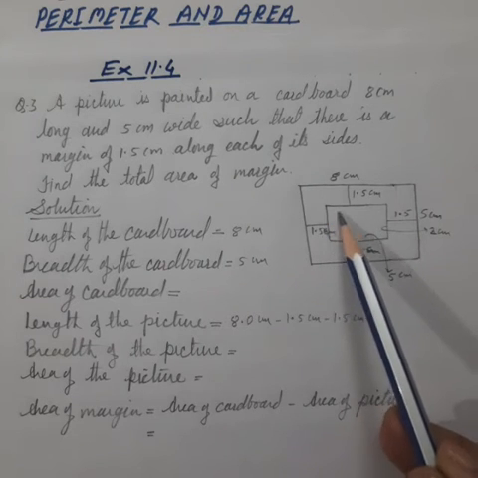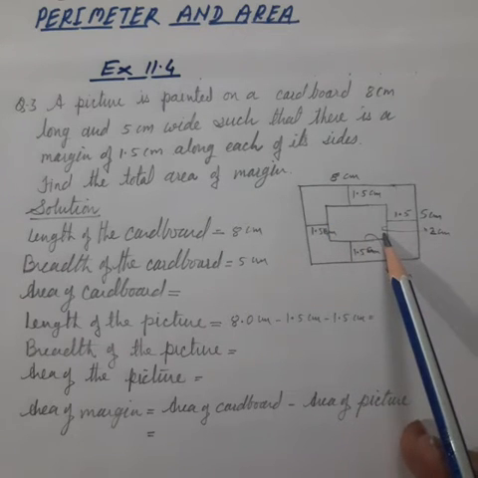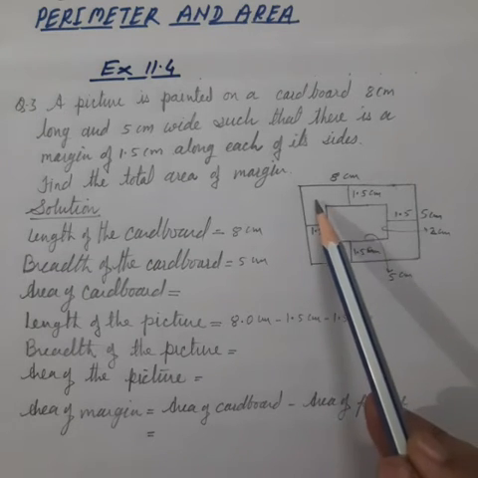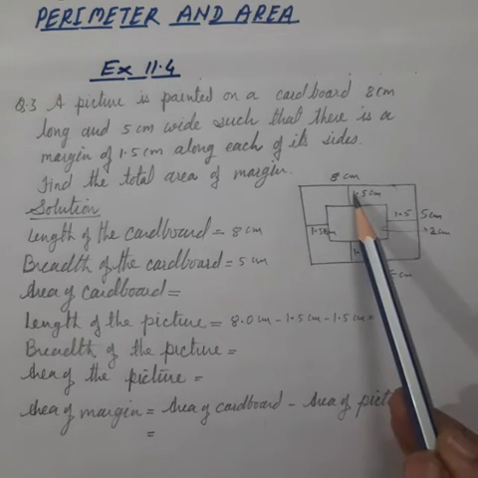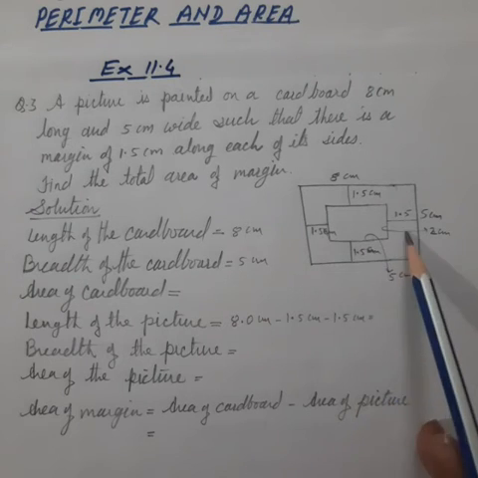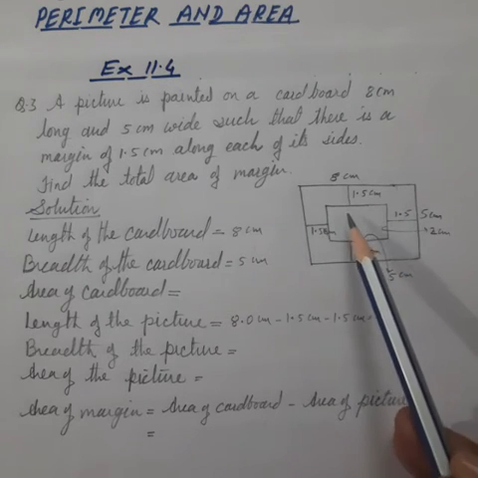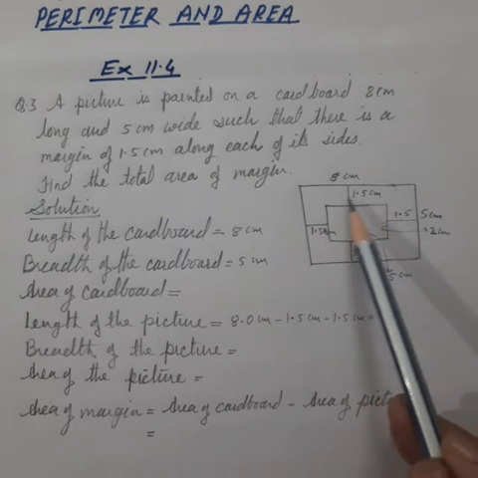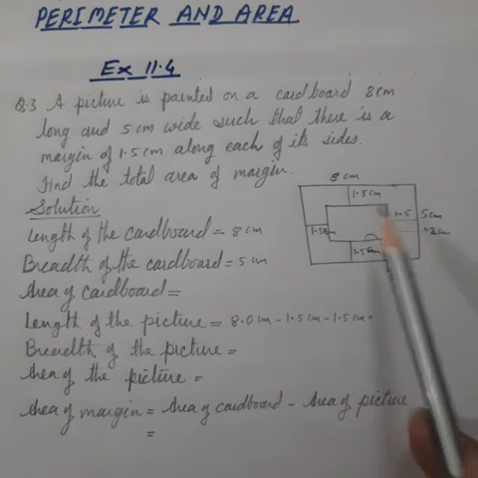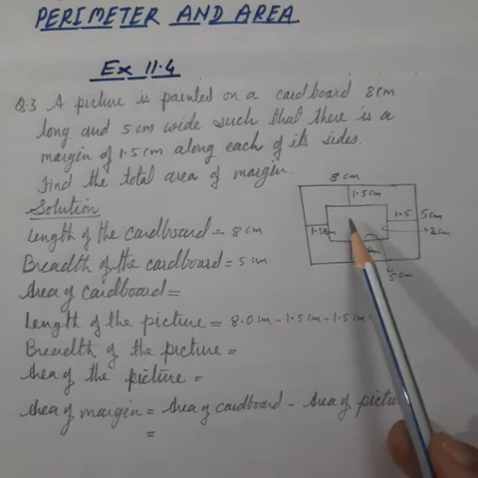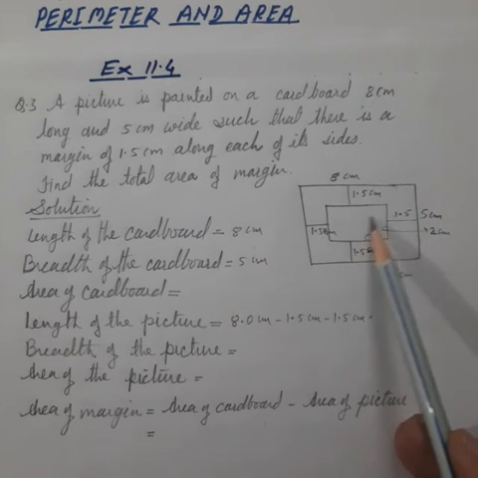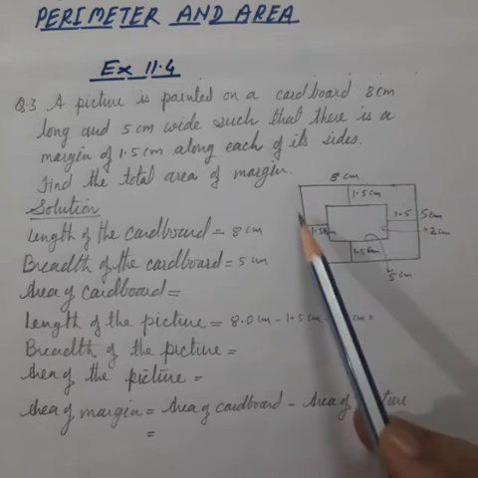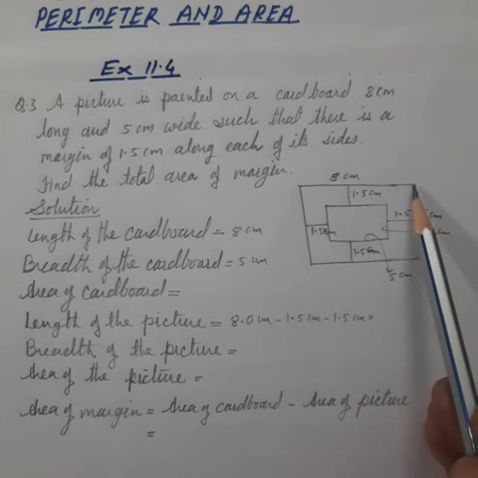And a picture is painted on this cardboard in such a way that there is a margin from all sides, margin of 1.5 centimeter from all the sides. We have to find out the area of this margin. Again, to find the area of this margin, here we have to subtract the area of painting from the total area of cardboard.